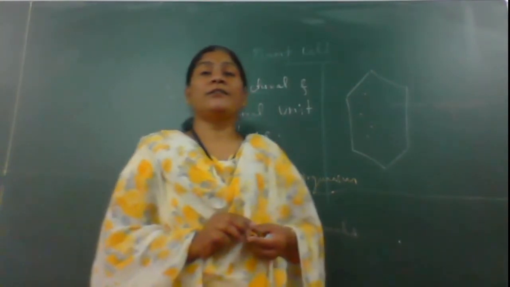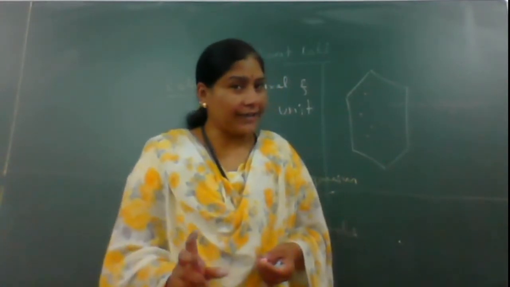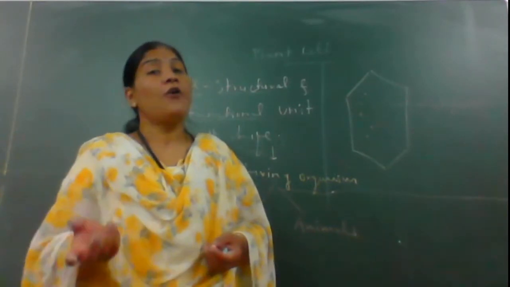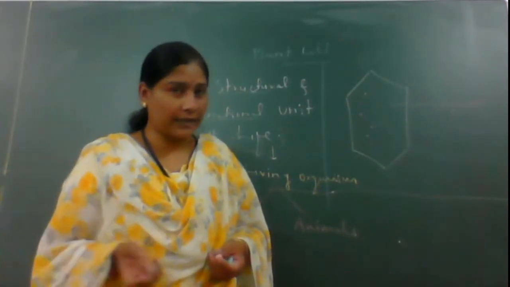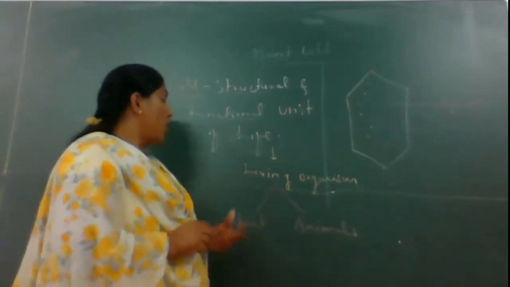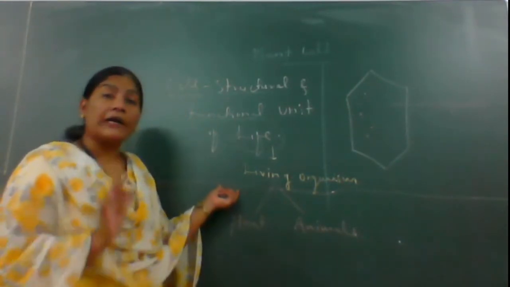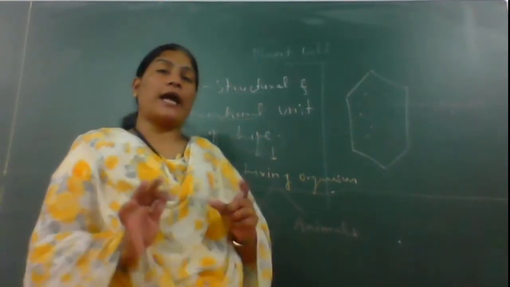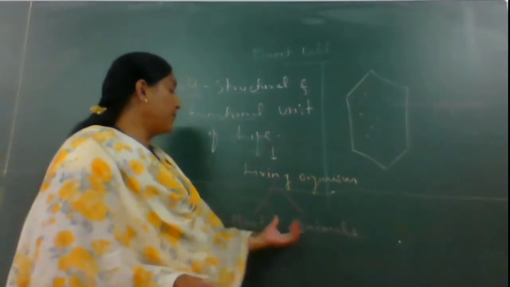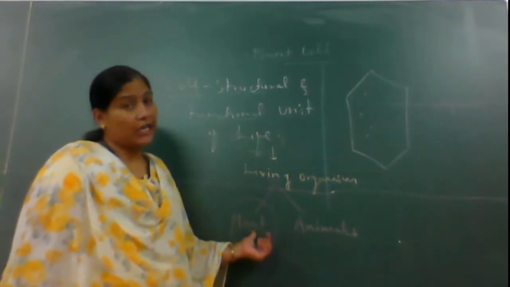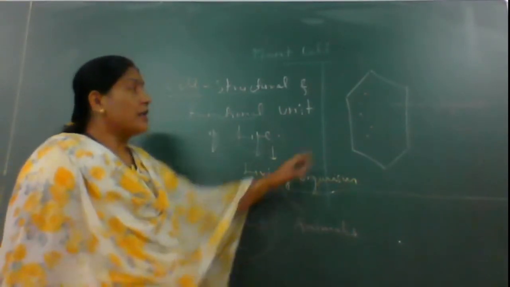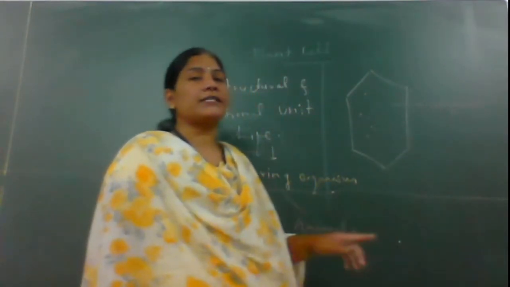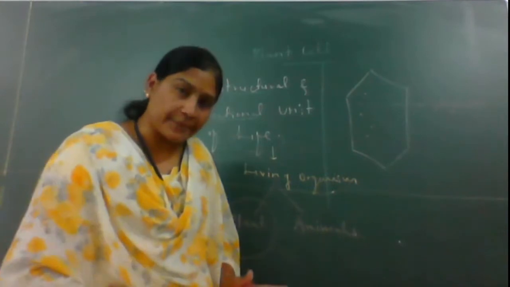We are learning botany, and botany means the study of plants, their structure, functions and various metabolic activities. So here we only study the plant cell. The difference between animal and plant cells is very unique. In the plant cell there is a cell wall, whereas in the animal cell the cell wall is totally absent.